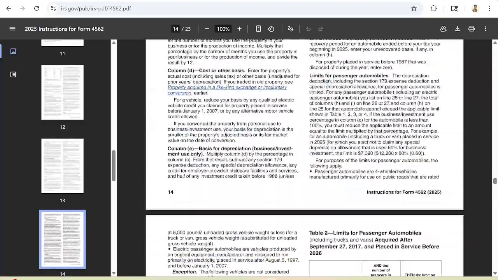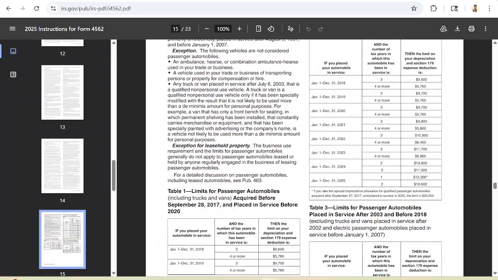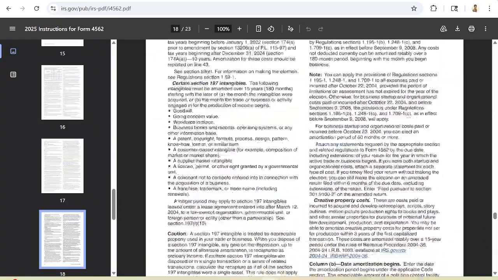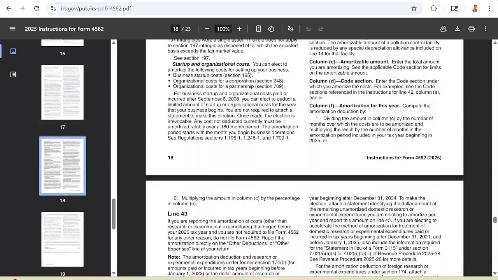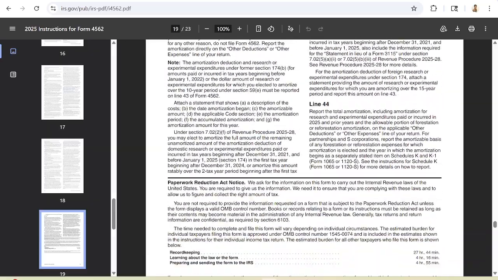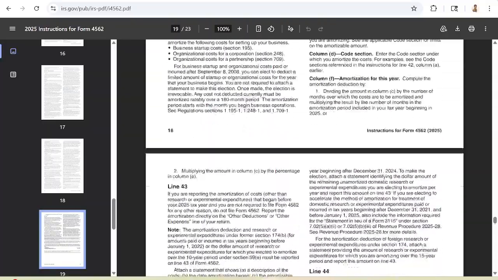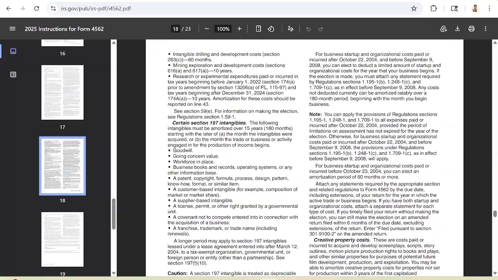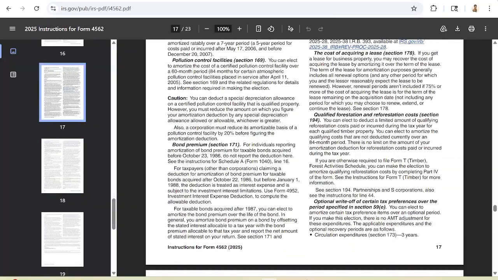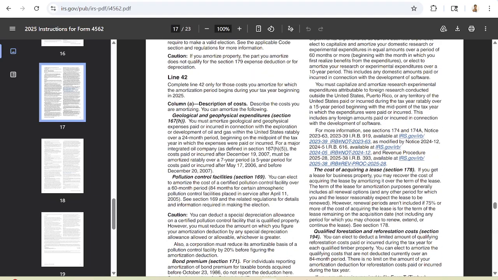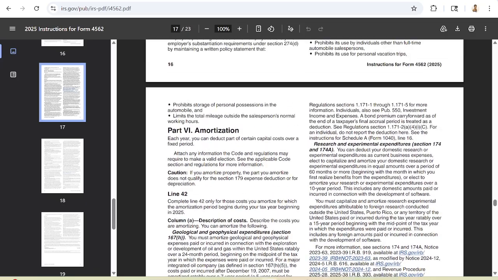And I thought it's going to give me those sections. Let's see. It has, because when you are amortizing, you put the section that it is for. So we are going to just look for startup costs, amortization.